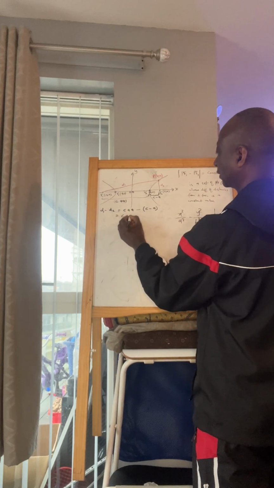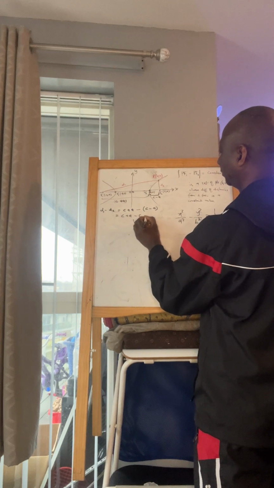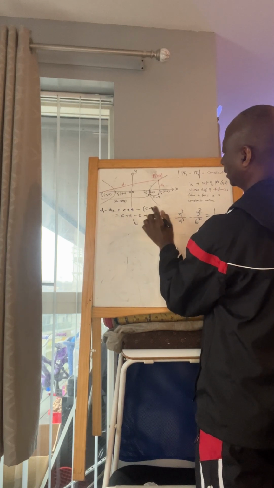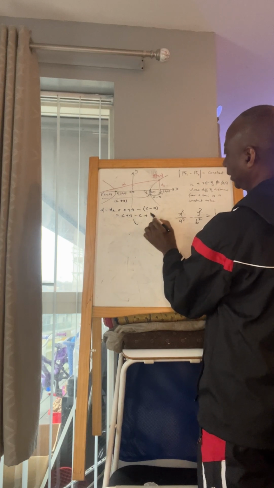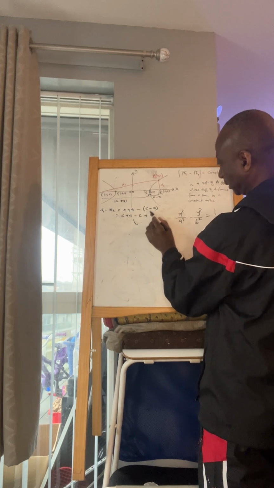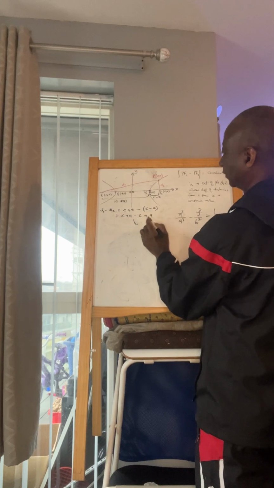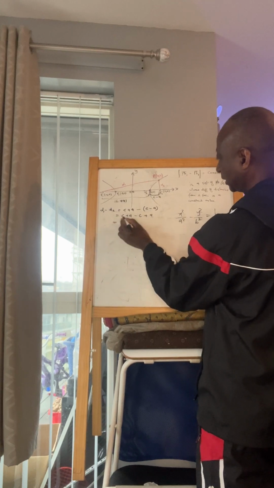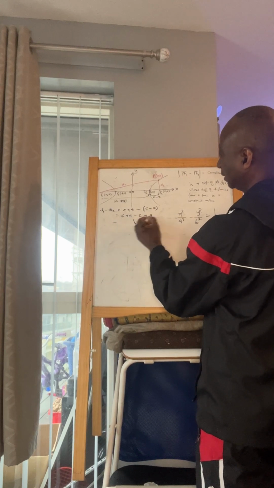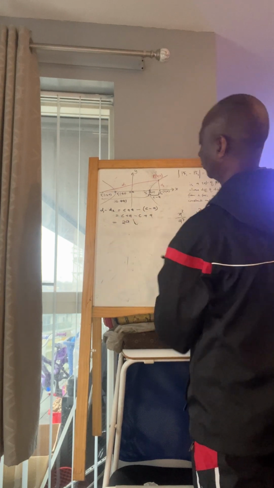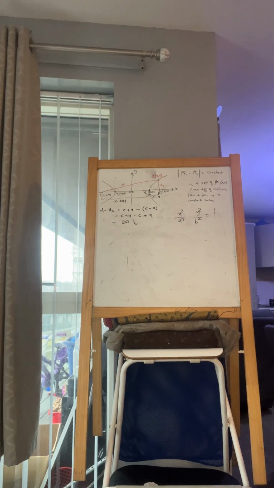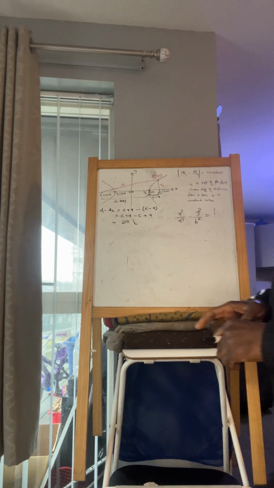You go C plus A minus C plus A if you clear the bracket sign. When the bracket sign goes away, this A now will be positive. The C will still remain negative. So what do you have? The C's will cancel. C minus C, 0. Now you have A plus A is 2A. So that's what you got, 2A.